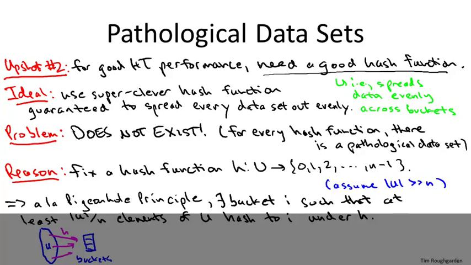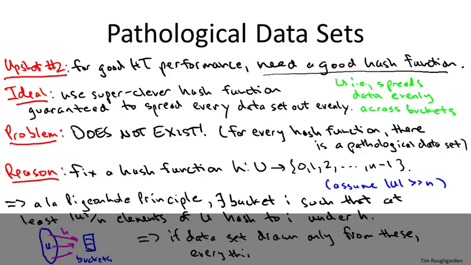So the point here is that no matter what the hash function is, no matter how clever you build it, there's going to be some bucket, say bucket number 31, which gets its fair share of the universe mapped to it. So having identified this bucket, bucket number 31, where it gets at least its fair share of the universe mapped to it, now to construct our pathological data set, all we do is pick from amongst these elements that get mapped to bucket number 31.